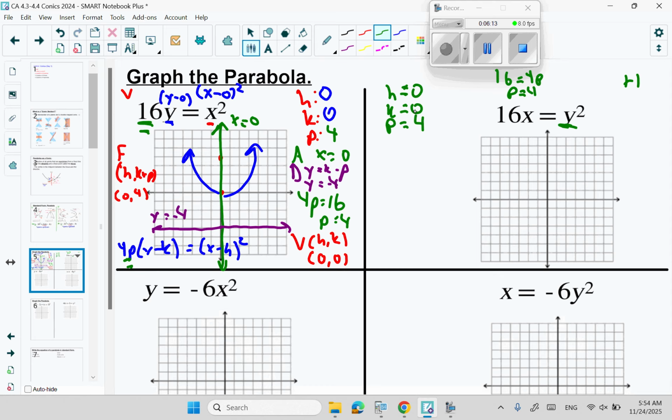And I can just simply plug in those coordinates. So my vertex always is (h, k), so we're going to get (0, 0). My focus is now (h plus p, k). I'm adding to the x value now, so I'm going to get (4, 0).